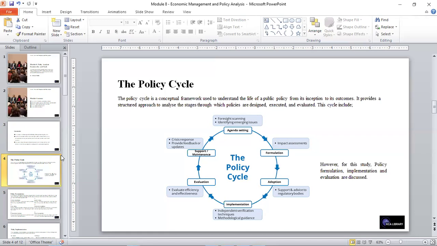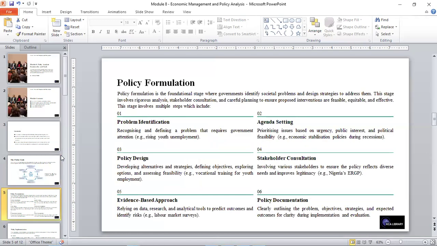However, the policy circle encapsulates agenda setting, formulation, adoption, implementation, evaluation, and support management. As such, we'll be looking at the formulation, the implementation, and the evaluation in this presentation.